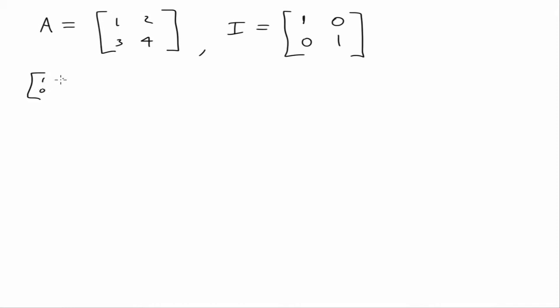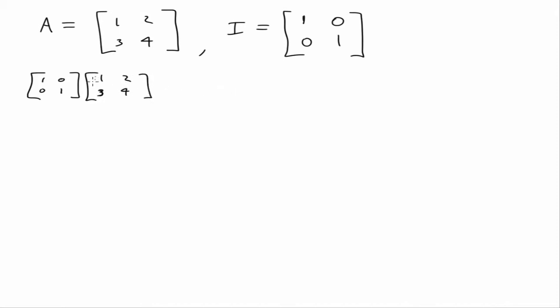So we'll say this is going to be 1, 2, 3, 4. There's a matrix. And my identity matrix in this case, again, is going to be 1s on the diagonal, and then on the off diagonals, zeros. All right, so I'm going to multiply on this side: 1, 0, 0, 1 times 1, 2, 3, 4.